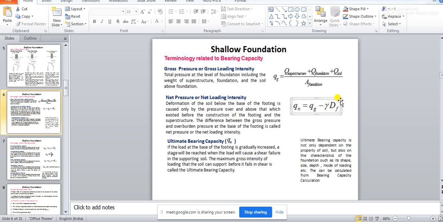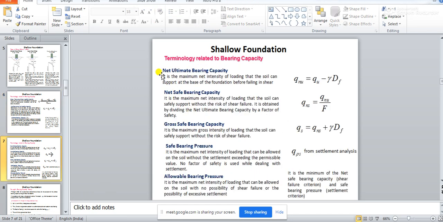In exactly the similar way, the maximum gross loading intensity is nothing but your ultimate bearing capacity, and if you want to find the net ultimate bearing capacity, you have to subtract the value of the overburden pressure from the ultimate bearing capacity.